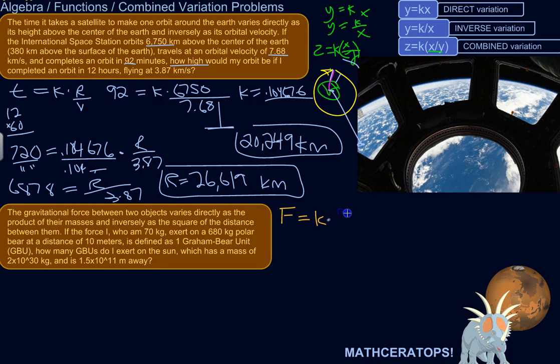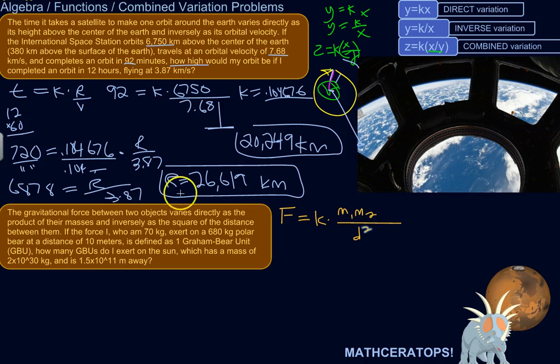So we could say mass 1 times mass 2. So it varies directly as that, but inversely as the square of the distance between them. So inversely is the distance between them squared.